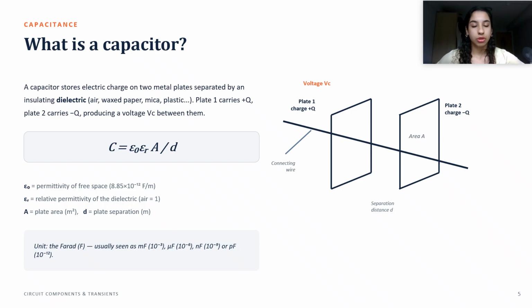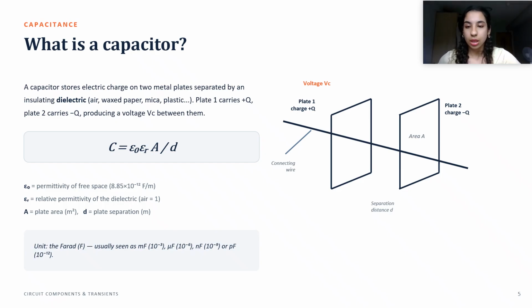If your dielectric is air, it's always going to be 1, but if it's some other material, it will have a different number, which is usually given in questions, tables, or data sheets. Then you have A, the plate area of one plate, and D, the plate separation, the distance from plate 1 to plate 2.